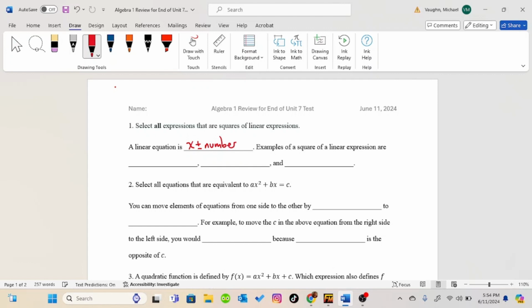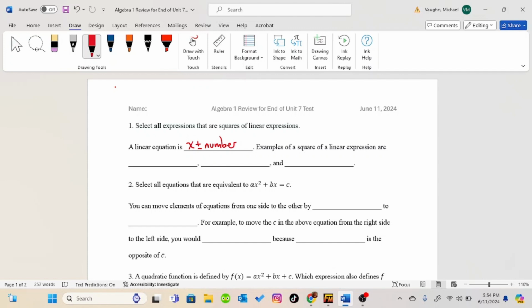The x is to the power of 1. So a linear term has the largest power of x as being x to the power of 1, or just x. A quadratic expression has an x squared. So that's the difference.